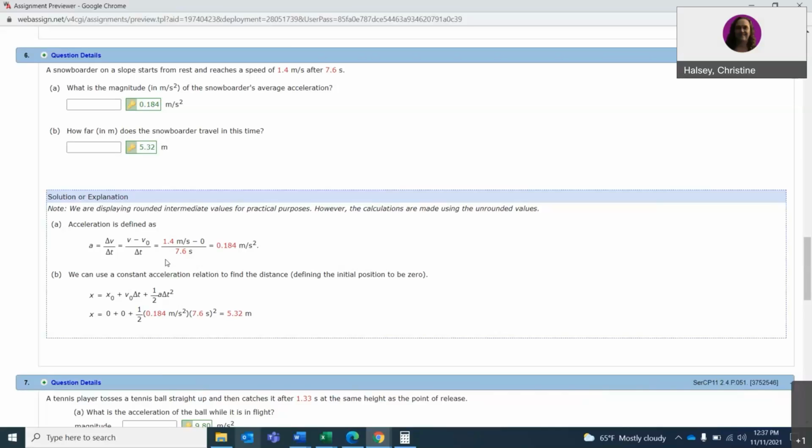So the final velocity minus the initial velocity, or the velocity at 0. They'll label that two different ways. This one may be VF for final velocity. Sometimes it's just V. Sometimes they'll call this one VI for initial, and sometimes they'll call it V0 for the zero point in time when it started.